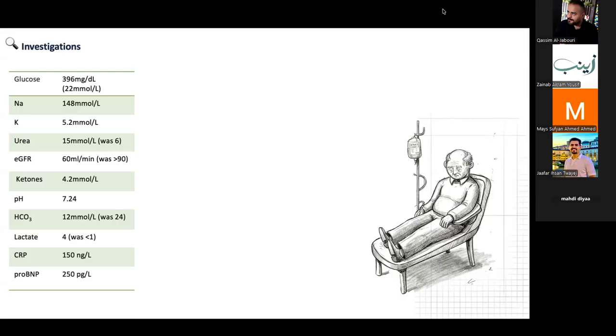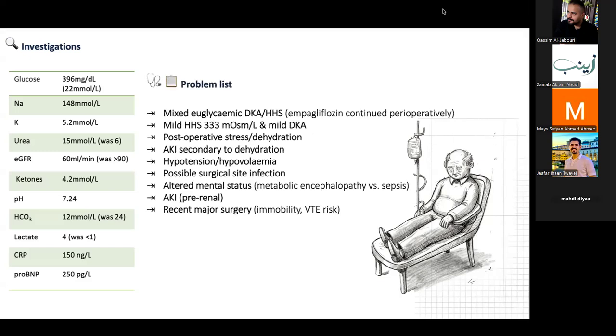Excellent, excellent, Mace. Thank you so much. So the problem list here we have, as you rightly said, mixed euglycemic DKA and HHS. Remember, in the history, when I talked about the patient, I did not say that the patient stopped his empagliflozin, which was not stopped perioperatively.